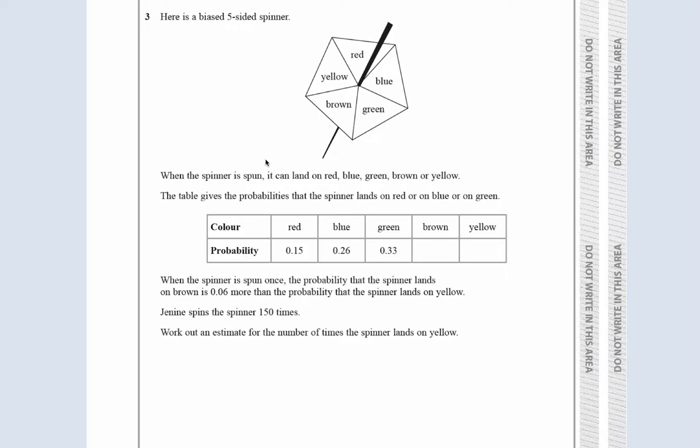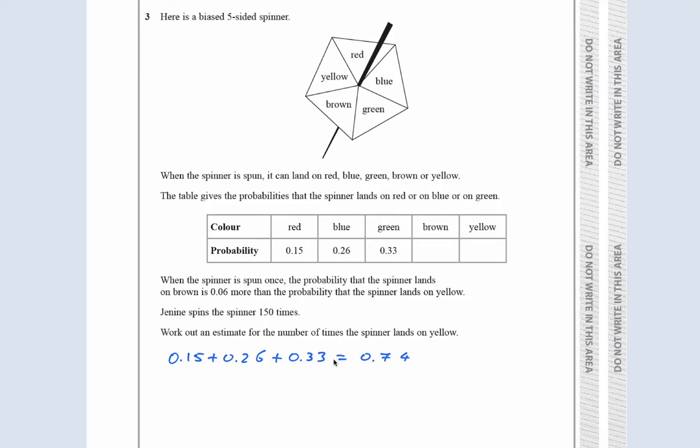Right, so that's actually a bit tricky, guys. It's question 3, and I need to actually think about what's going on here. So it says 0.06 more than it lands on yellow. So firstly, 0.15 plus 0.26 plus 0.33 equals 0.74.